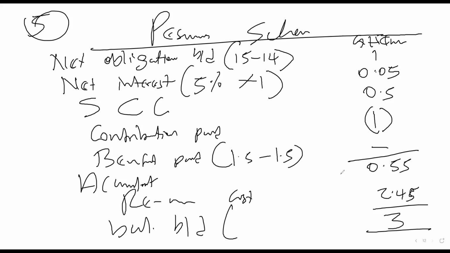It's 17.5 minus 14 point what? Do you agree now? Yes, please. But the benefit paid, we did 1.5 minus 1.5. Yes, always do it that way. 3 marks for you.